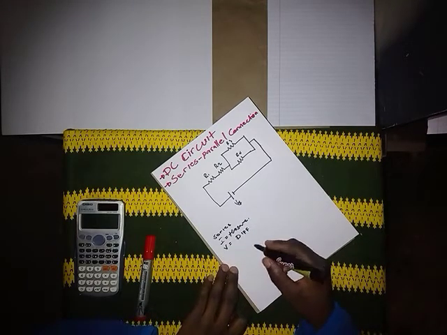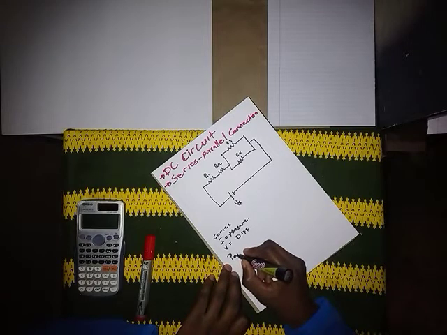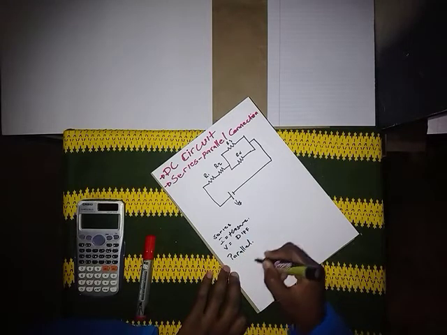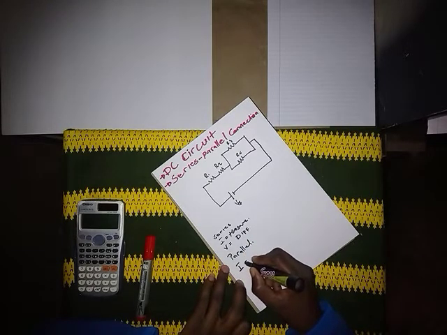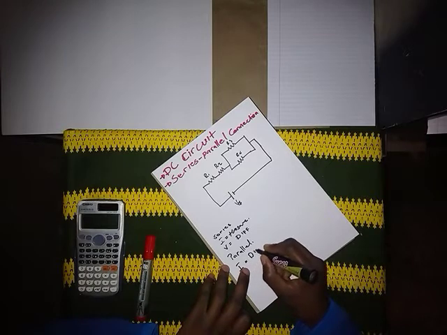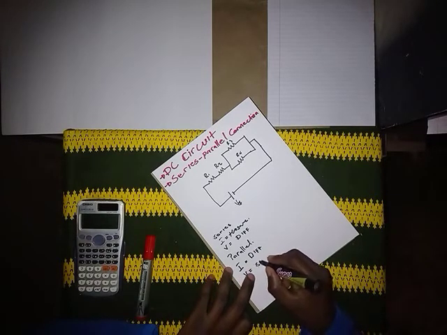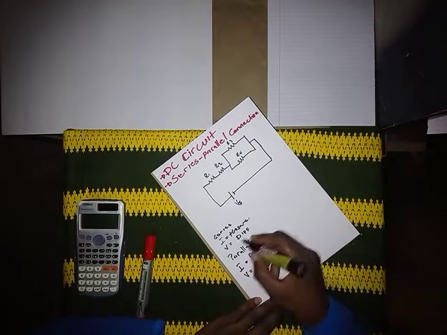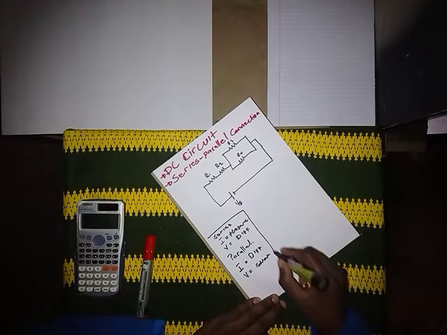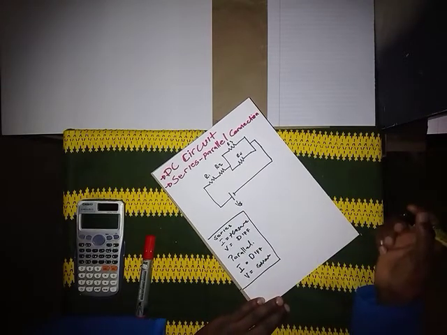Then in a parallel circuit, the current is not going to be the same, it's going to be different, but the voltage is going to be the same. So this is very important when we are dealing with a series parallel circuit.